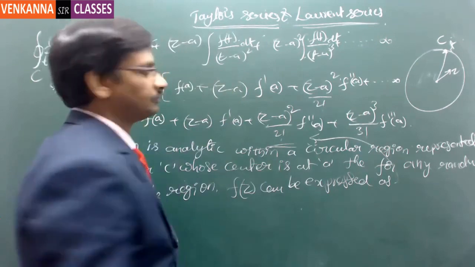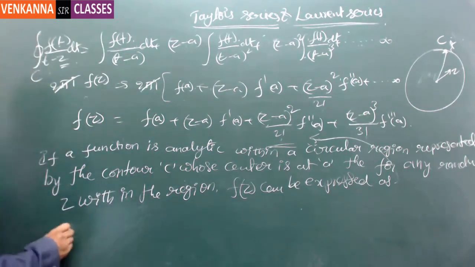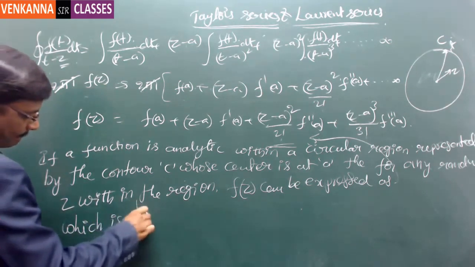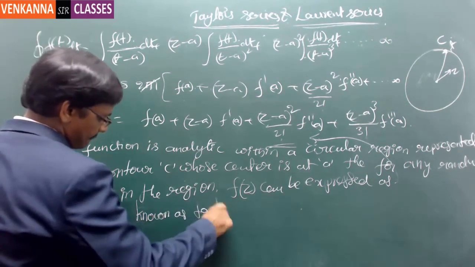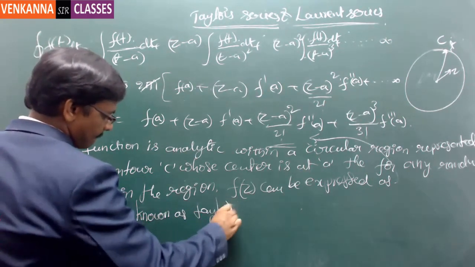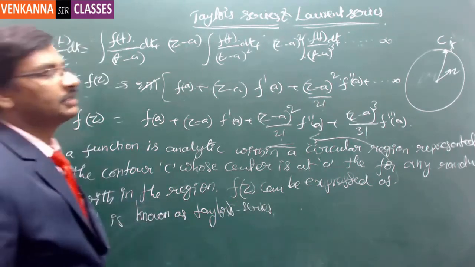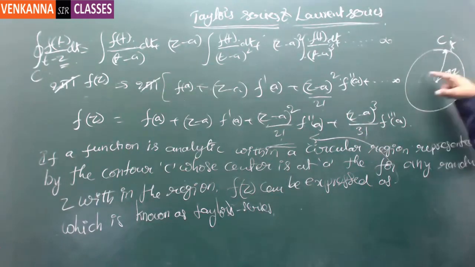That's it, which is known as Taylor series. Right? So here the condition is the function should be analytic, and this is a closed contour region.